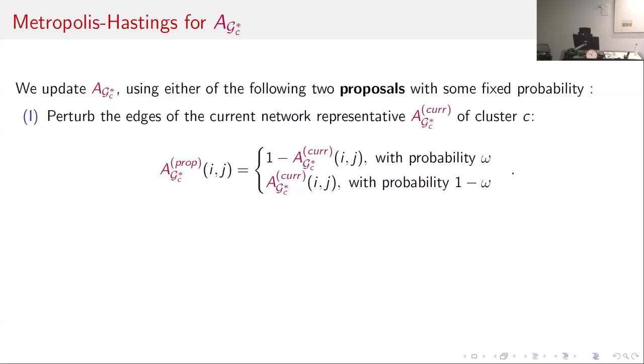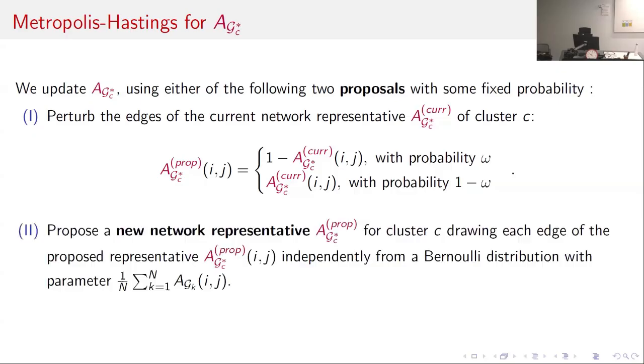So we have two alternative ways of proposing a new network representative for cluster C. The first is like a random walk, where you perturb the edges of the current network with some probability W, or you stay at the same state with probability 1 minus W. So this proposal distribution cancels in the Metropolis-Hastings ratio.